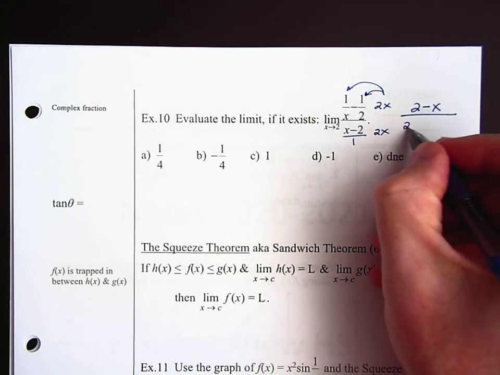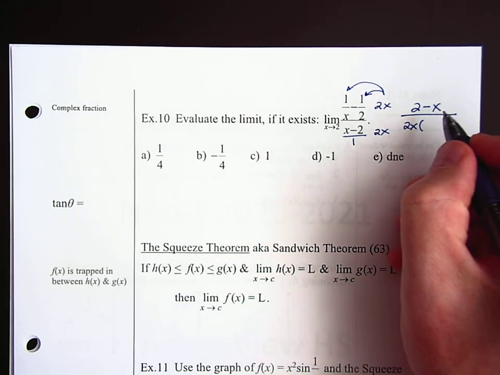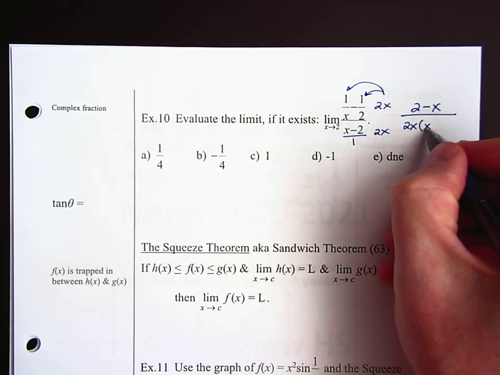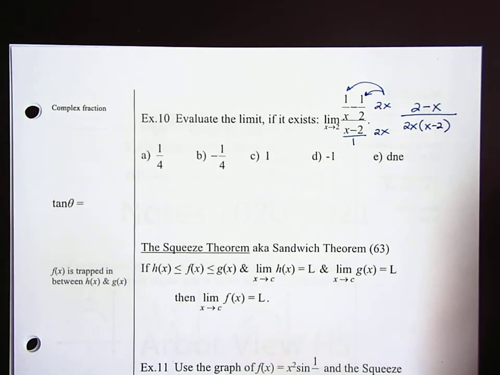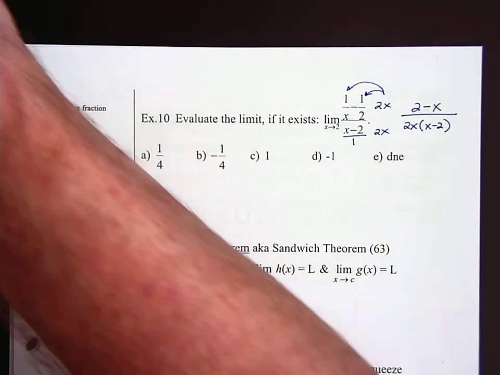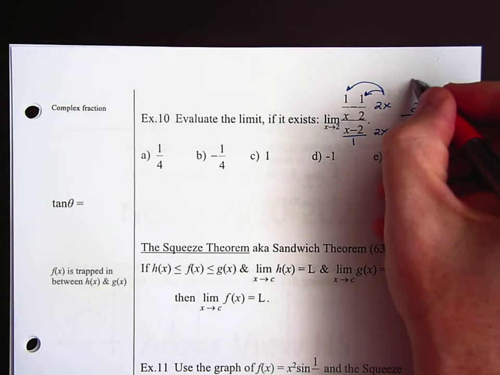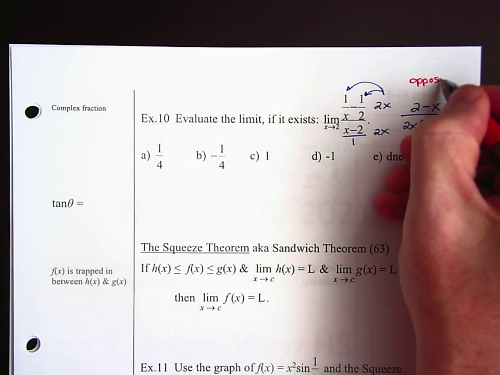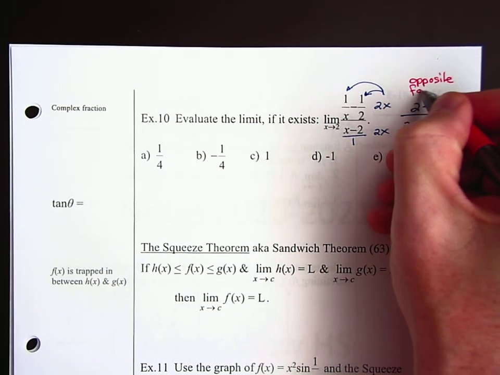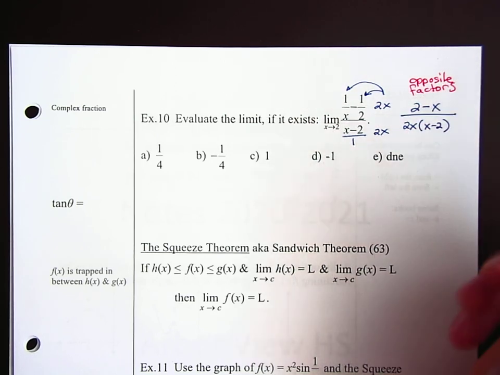Now in the denominator, just like rationalizing the numerator, we're not going to multiply that out. Usually multiplying that stuff out is not helpful. Hopefully you've seen this in the past, but if not, I'm going to go over it right now, so it's not that big of a deal. These are opposite factors. You can see that it's reversed.